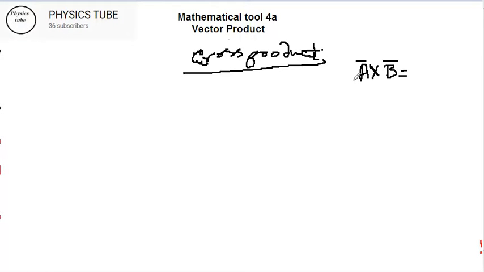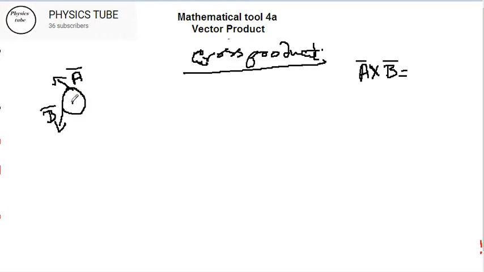The best way to understand this is to think of a typical cork, the cap of a bottle. You want to open the bottle, so you need two fingers. One finger is acting in this direction, another in this direction. Let me call this A and this B. When A and B are at a certain angle with each other, the direction is coming out from the whiteboard.